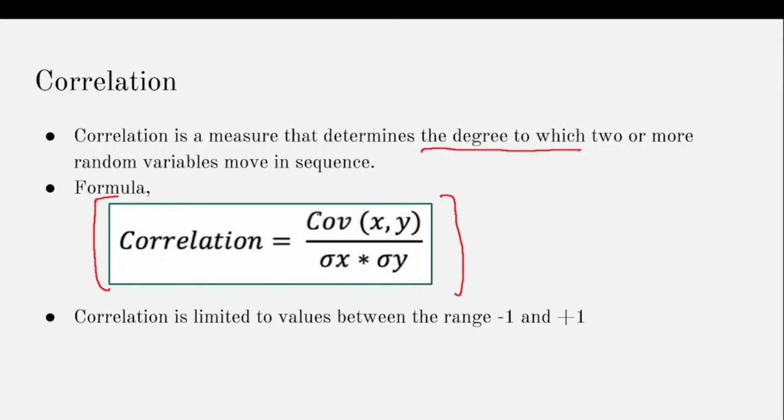So it's simply covariance of x and y divided by standard deviation of x into standard deviation of y. An important point to note about correlation is that its value varies between the range of -1 to +1. So correlation can take any value between -1 and +1.